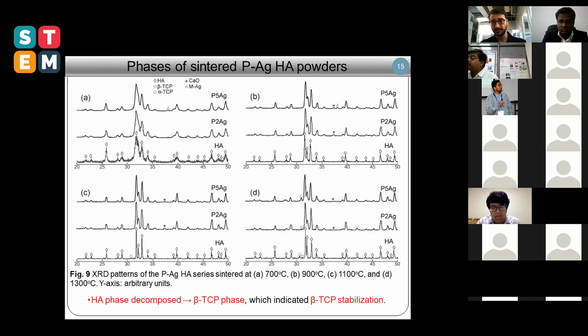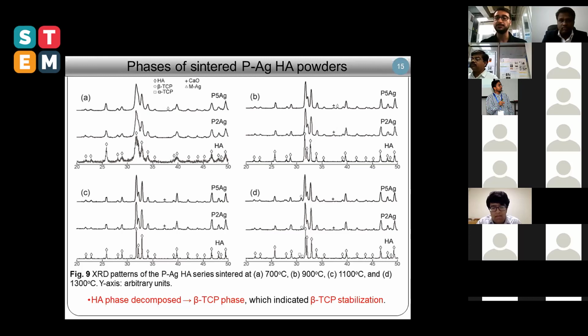In the next slide, I would like to mention the phosphate deficient case, in which silver is exchanged with the phosphate side. In this case, similar to the boron case, we could understand that phosphate side deficiency tries to stabilize the hydroxyapatite, but we still obtain a beta TCP phase decomposition.